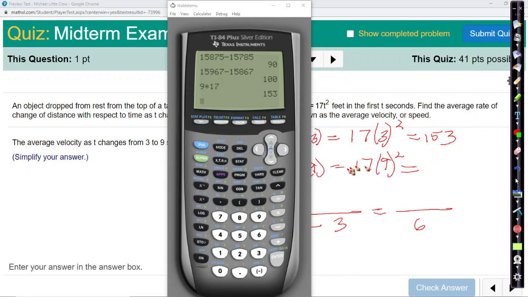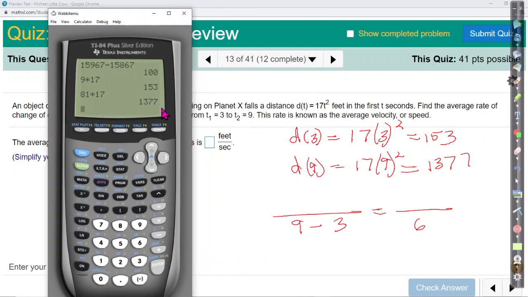And then it's going to be 81 times 17. It's a big change there. 1377. So those are the two values we've got.